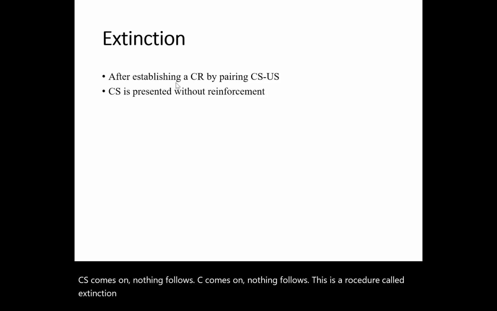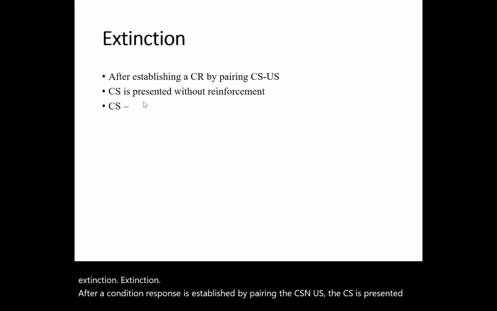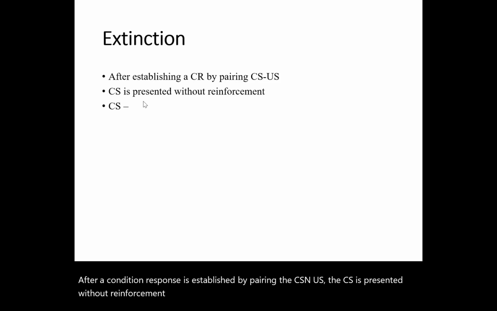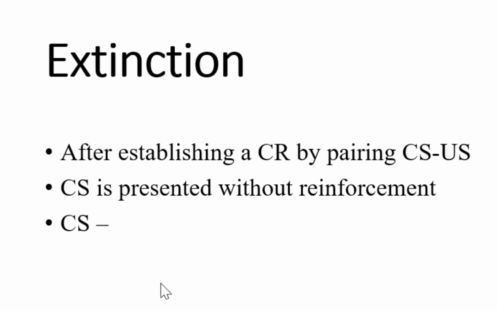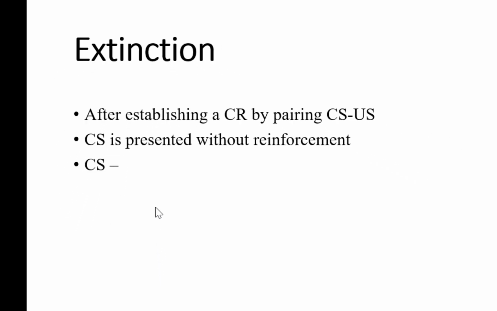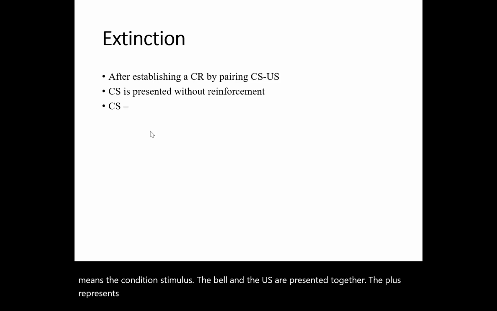Extinction. After a conditioned response is established by pairing the CS and US, the CS is presented without reinforcement, without a US. Now, the symbol for that is CS minus. Plus means that the US is presented. CS plus means the conditioned stimulus, the bell, and the US are presented together. The plus represents the food.